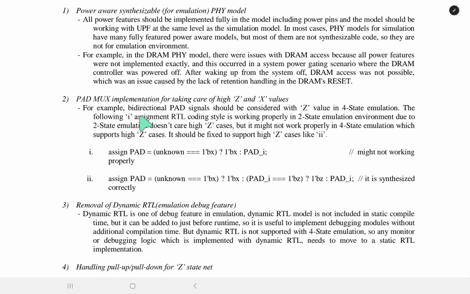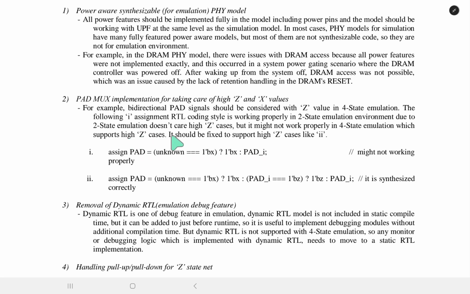The following assign RTL coding style works properly in a two-state emulation environment, because two-state emulation doesn't care about high impedance, high-Z cases. But it might not work properly in four-state emulation, which supports the high-Z cases.